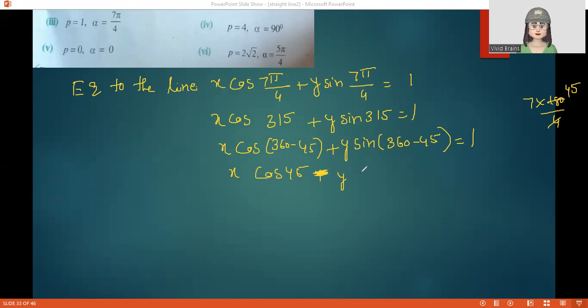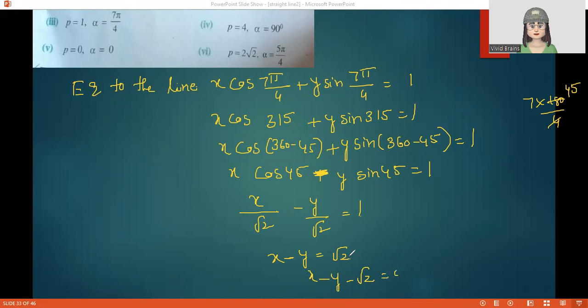So minus y sin 45, which is equal to 1. So x by root 2 minus y by root 2 is equal to 1. So x minus y is equal to root 2, or x minus y minus root 2 is equal to 0. This is the final answer. Let us move to the next question.